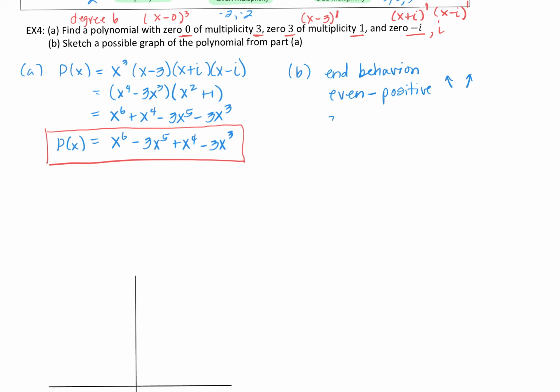I have my zeros. The ones that I'm going to graph would be the 0 and the 3. Plus and minus i, those are imaginary numbers. They cannot be graphed in our real xy plane that only contains real numbers, does not contain imaginary numbers. So we actually only have 2 zeros.